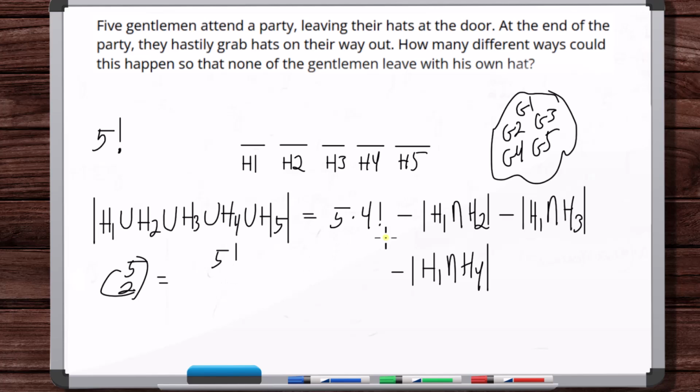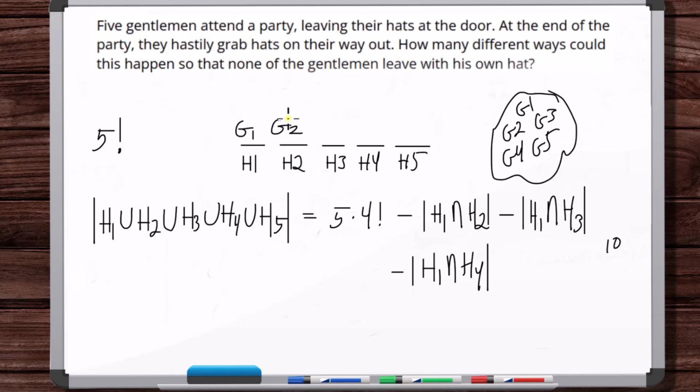Okay. So let's think about what H1 intersection H2 is. There's 10 of these. What's H1 intersection H2? That's all the cases where both gentleman 1 and gentleman 2 get their own hats. Right? These are fixed. Okay? So the count then is 3 factorial.